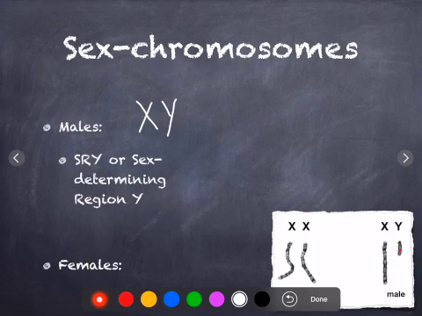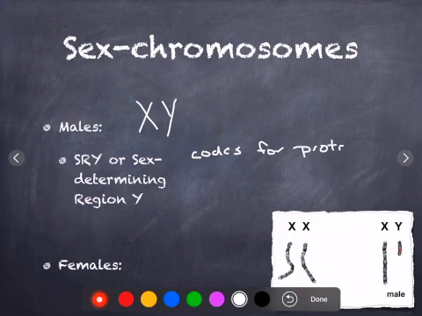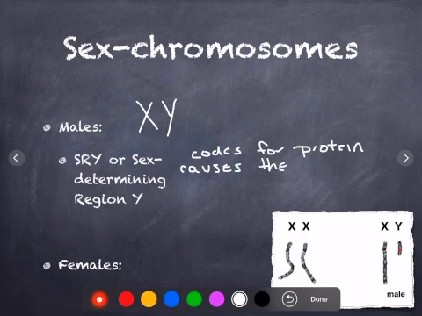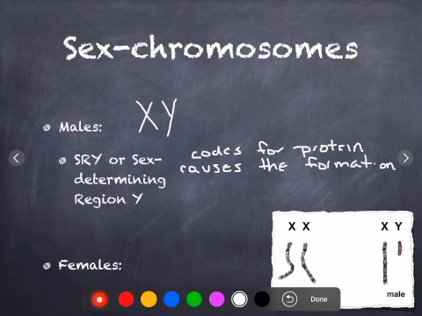This region right here, located on the Y chromosome, codes for a protein. What this protein does is it causes the formation of the testes. In other words, this little gene is what makes males develop into males.